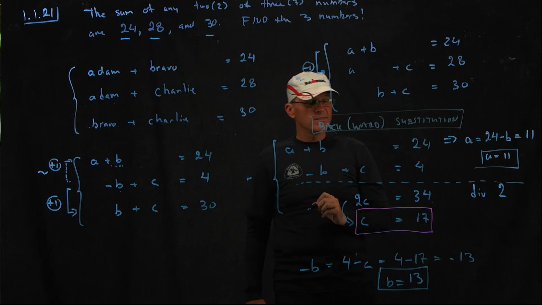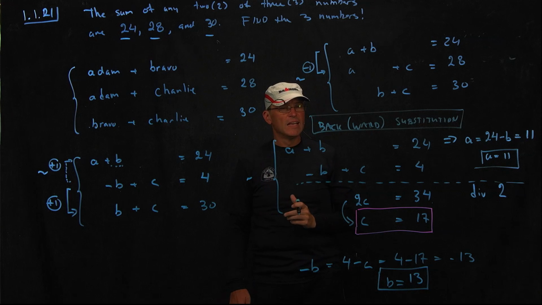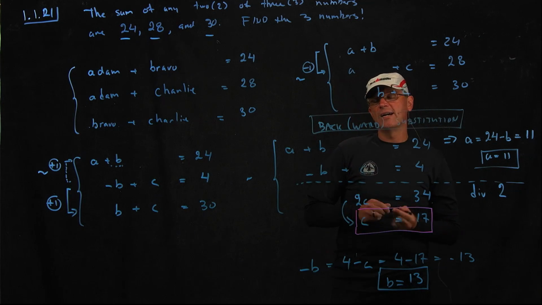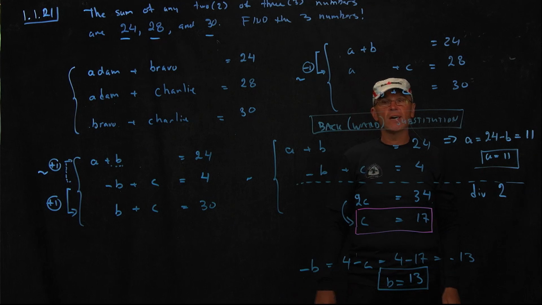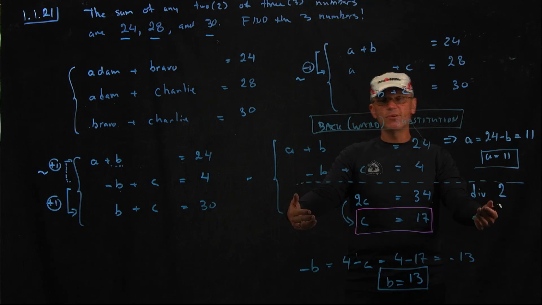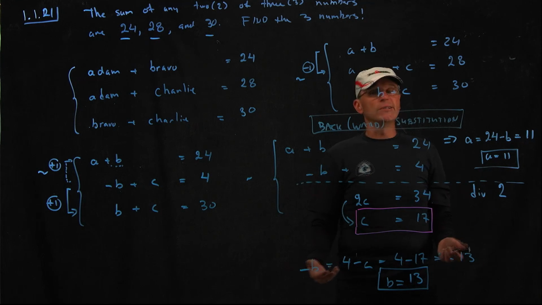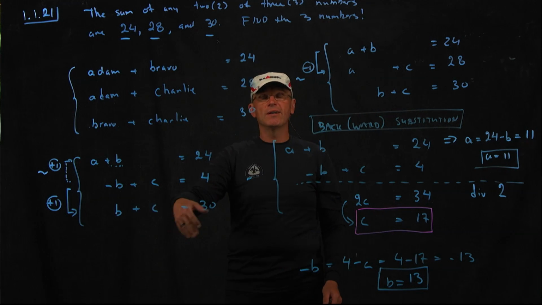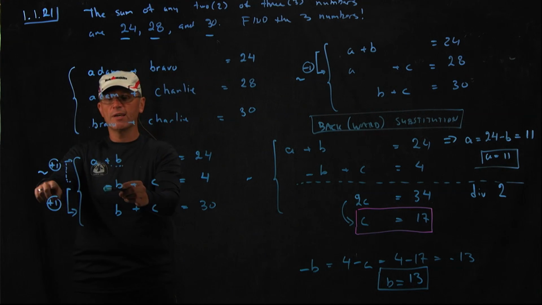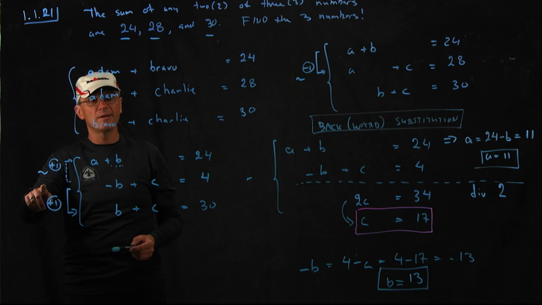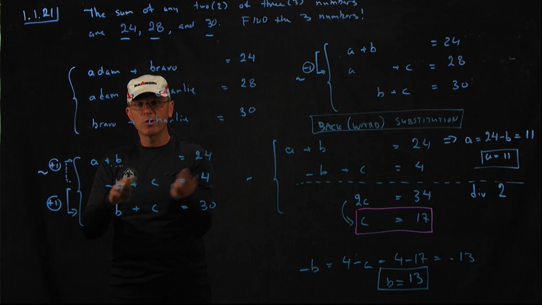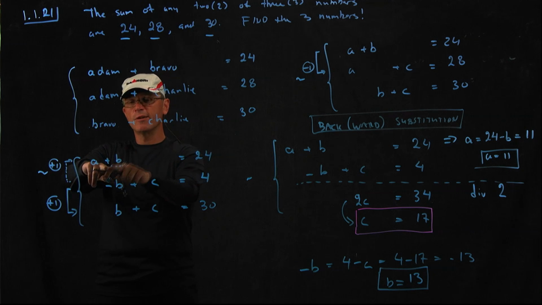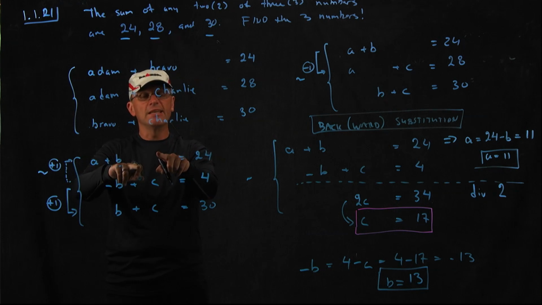When you solve things by hand, that's useful, I think, because in the backward substitution step here, we're plugging numbers in. Whereas if we go to the full elimination, if we had eliminated b from here, then by adding this equation here, we'll get rid of the b, but we get a c.